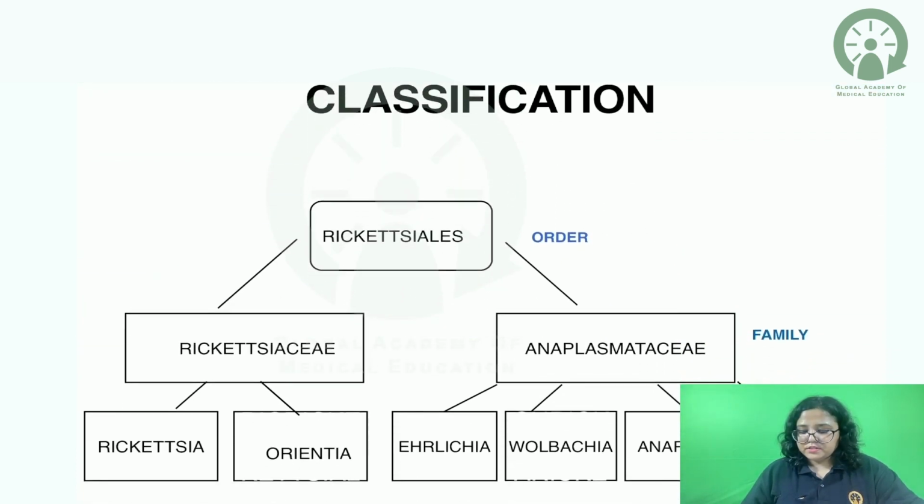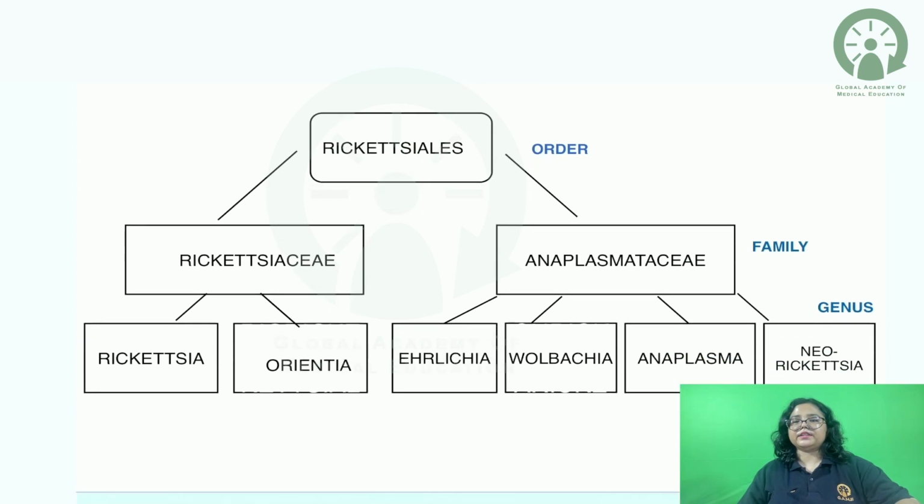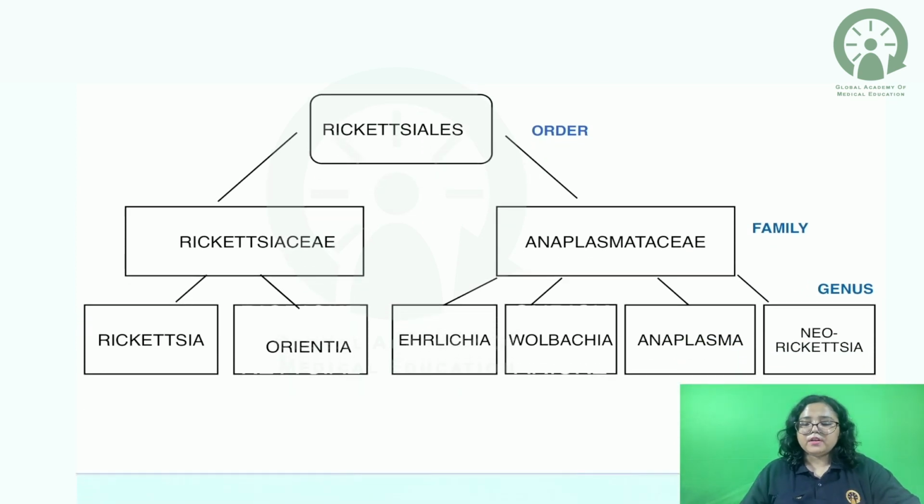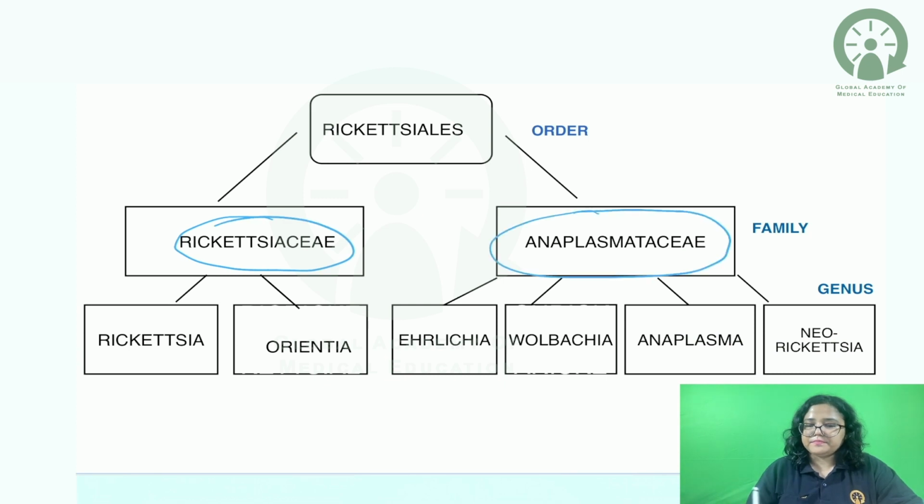Now classification. In the order Rickettsiales, we have two families: Rickettsiaceae and Anaplasmataceae. In Rickettsiaceae, we have two genera, Rickettsia and Orientia. In Anaplasmataceae, we have four genera: Ehrlichia, Wolbachia, Anaplasma and Neorickettsia.